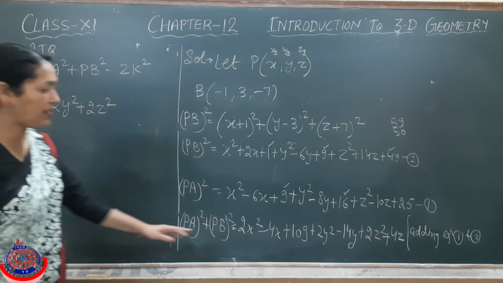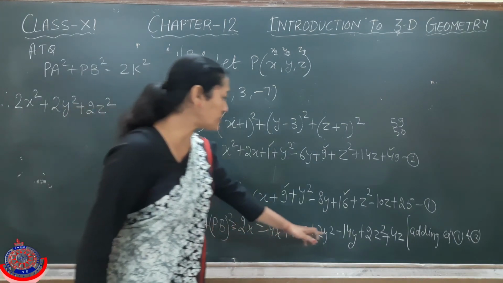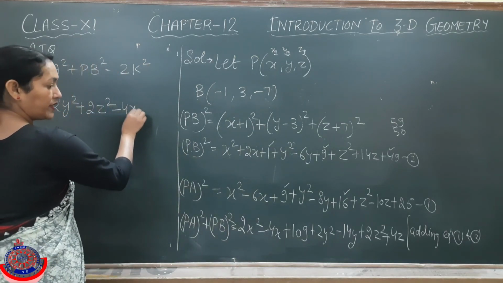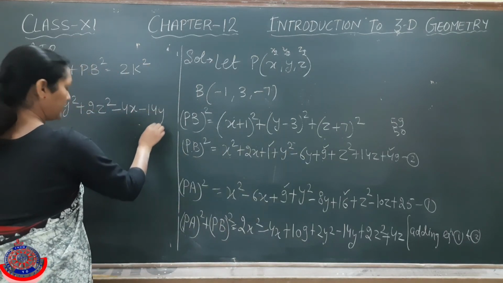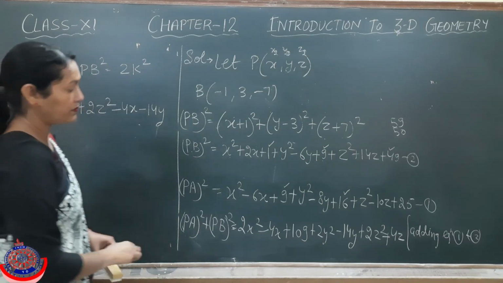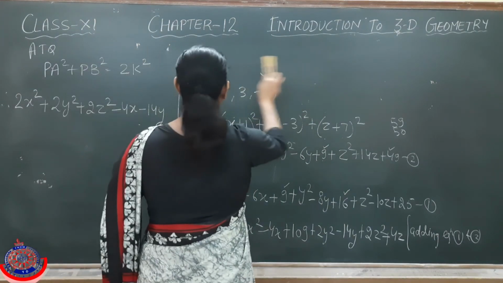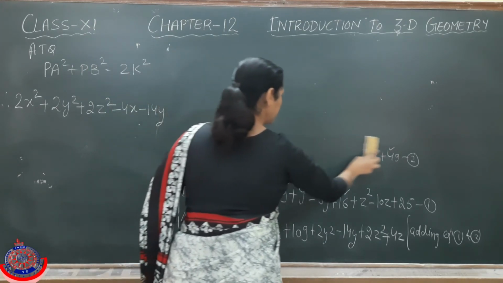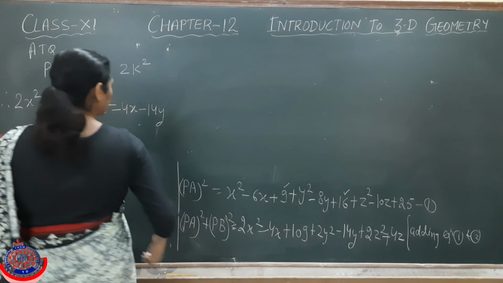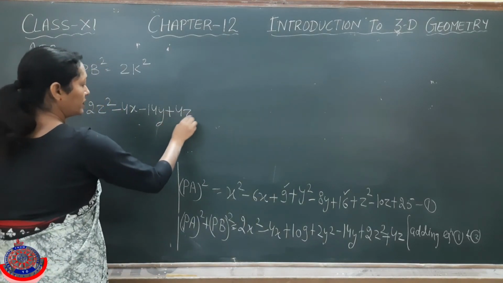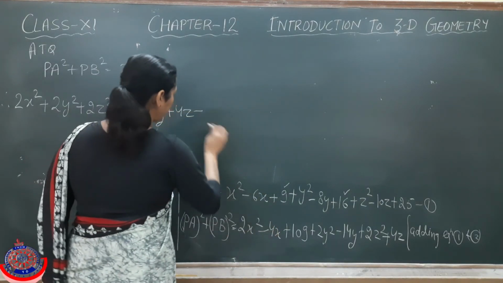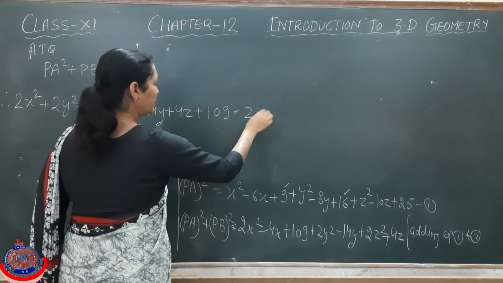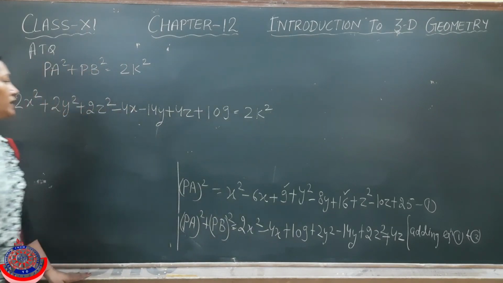Then minus 4x minus 14y plus 4z plus 109 equals 2k square.